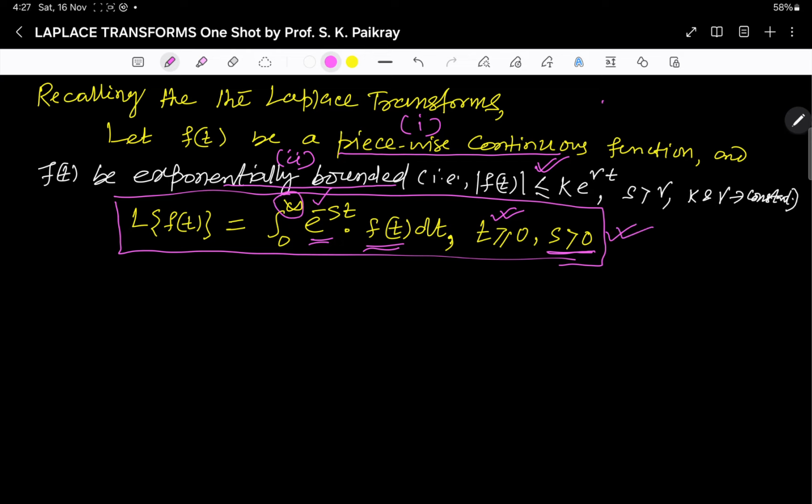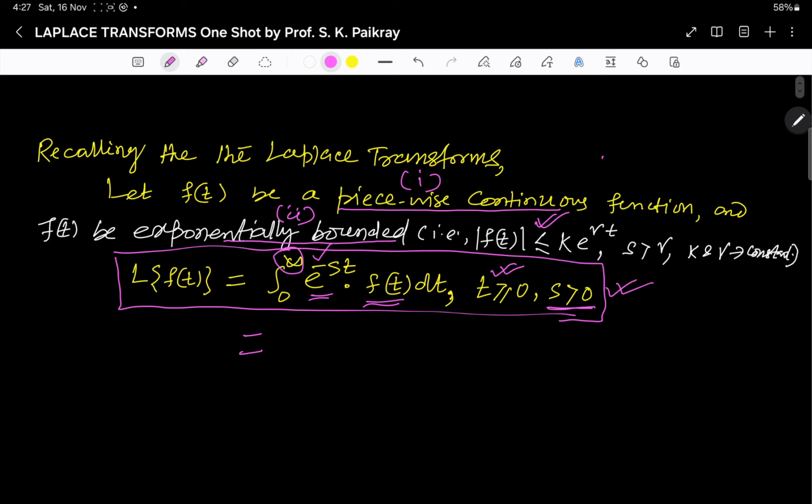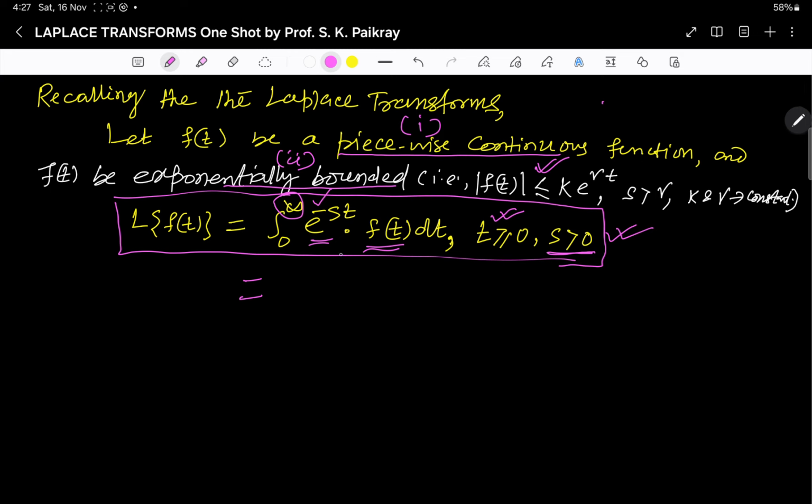After you evaluate this integral, in place of t we substitute 0 and infinity, so this will be purely a function of s. This will be a function of s only. Therefore we can say the Laplace transformation of f(t) is F(s), right?